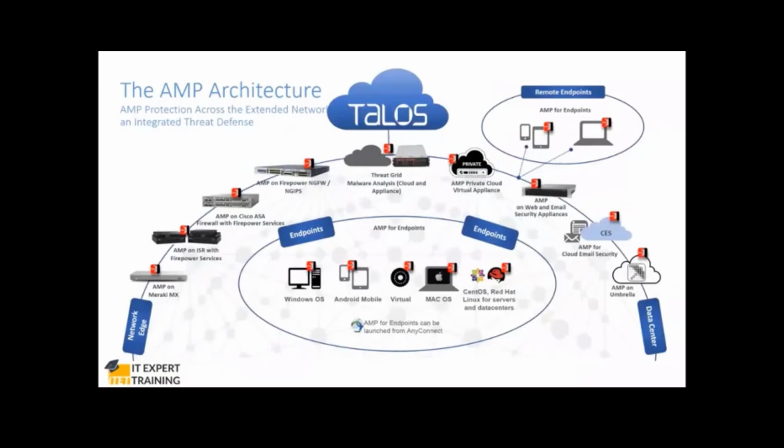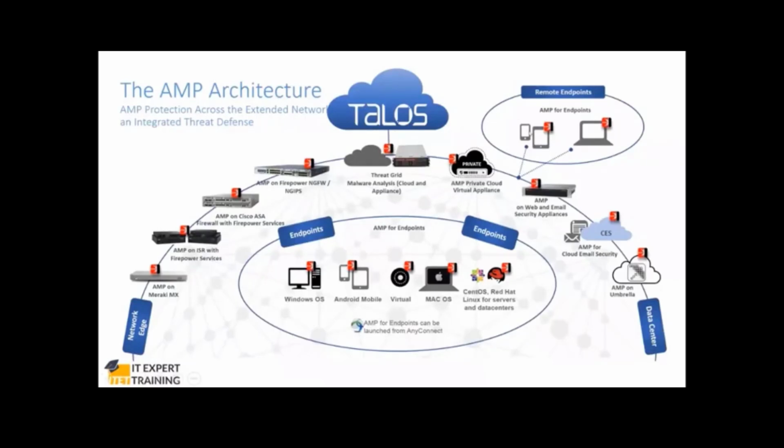Here you can see this is the network edge, this is the data center, and this is your endpoints. So AMP has an approach at all levels, from network edge to data center and endpoints.